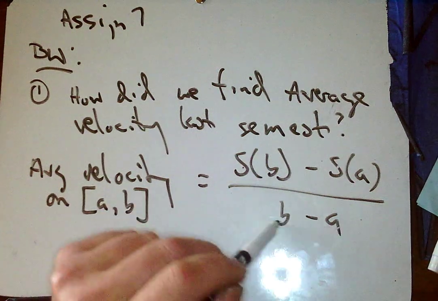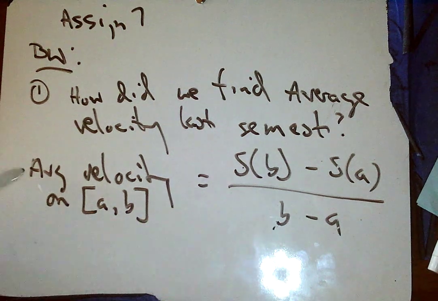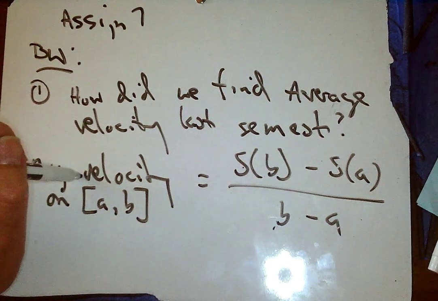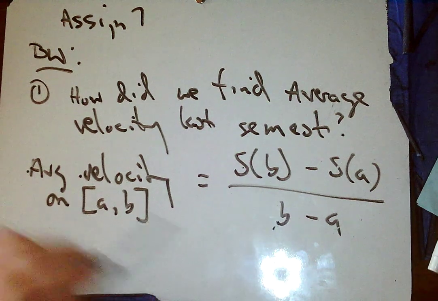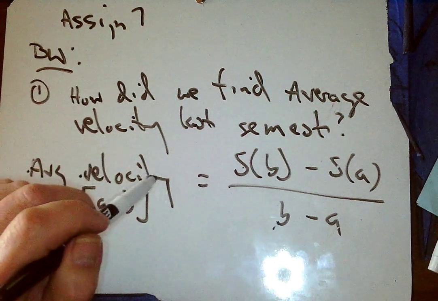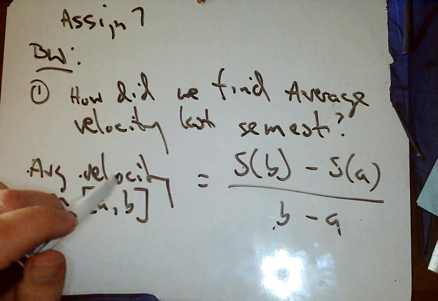Because we're going across an interval, it's the average rate of change in position with respect to time. And that's why we've got average velocity. Velocity is change in position with respect to time.